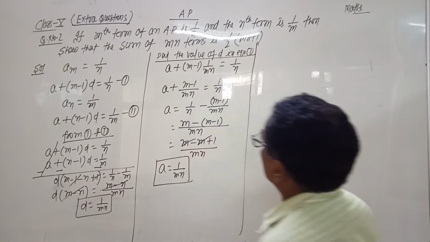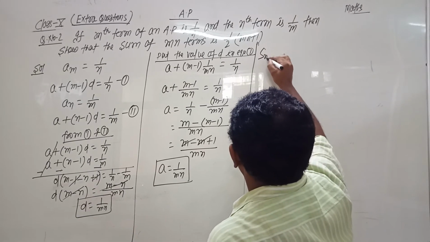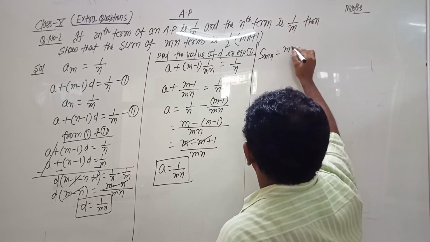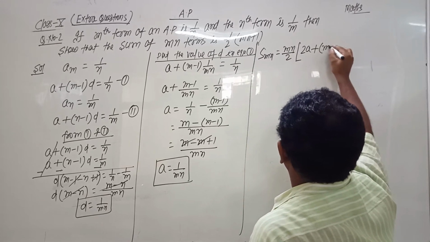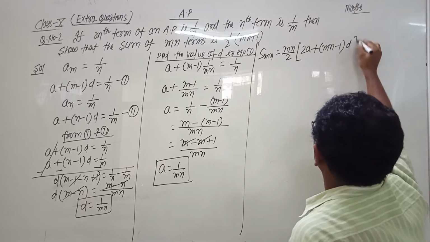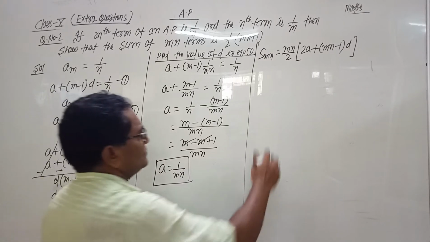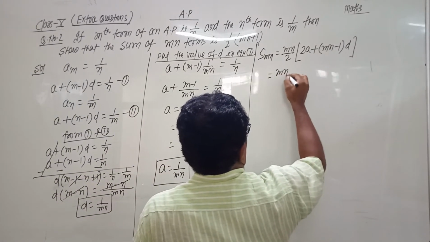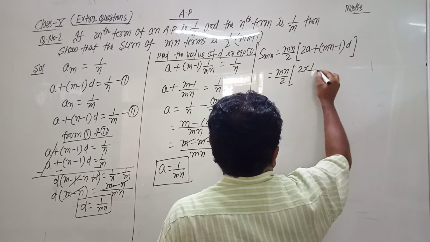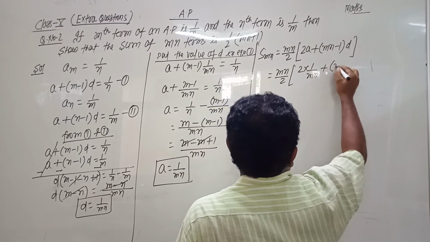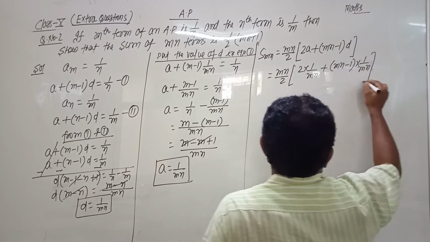Now we have to show that sum of mn terms, means we have to calculate Smn. This is mn by 2, 2a plus mn minus 1 into d. And then we put the value of a and d. So m into n by 2, 2 into 1 by mn plus mn minus 1 into 1 by mn.